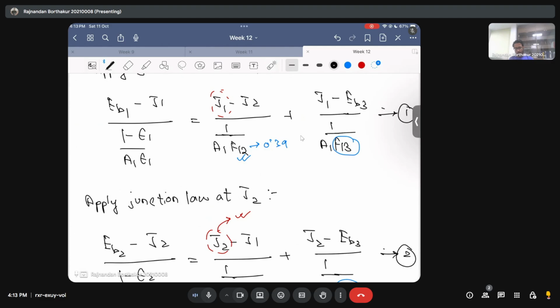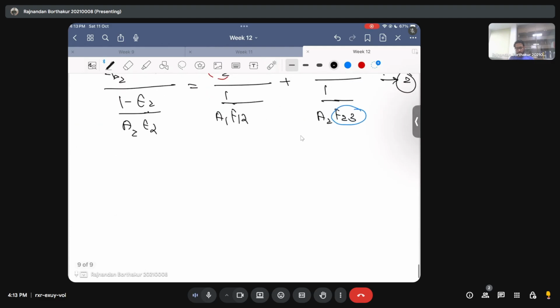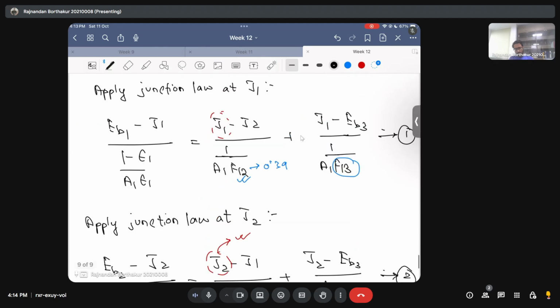Okay, so our next task is going to be, first of all, to evaluate the unknown view factors, which are nothing but F13 and F23. F12, as I say, is known because it has already been given in the problem.